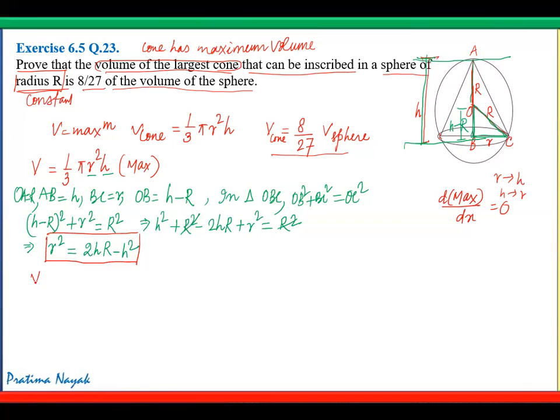So volume is equal to 1 by 3 pi, and instead of r square I'll put this relation: (2HR minus H square) whole into H. So multiplying this, it will be pi by 3 into 2H square R minus H cube.